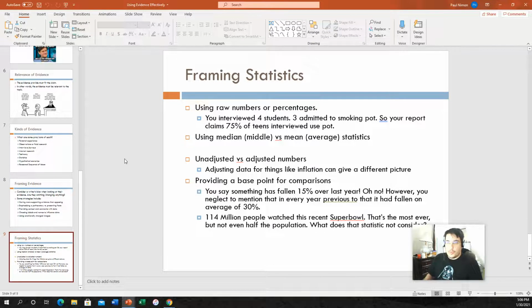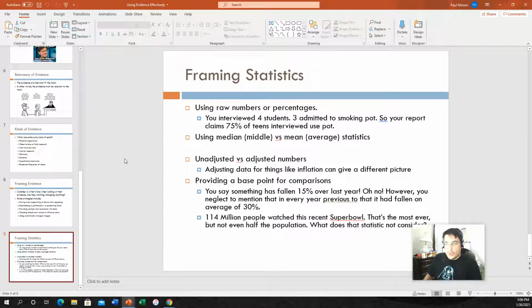So where's the truth? Well, the truth is actually in the middle there. Yes, it's true that he had a record turnout. Yes, it's also true that he didn't even fill up half the stadium. But depending on the bias and depending on the agenda of the person making the argument, those statistics were framed in a certain way to make their case stronger.